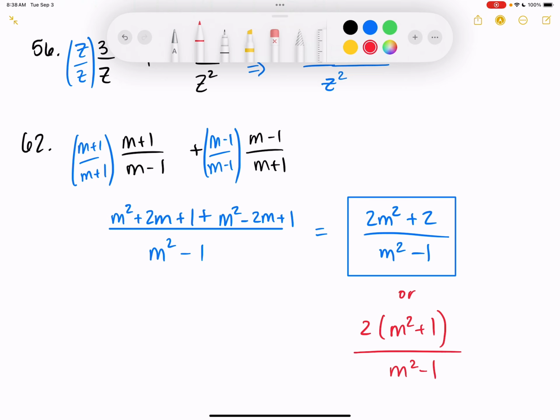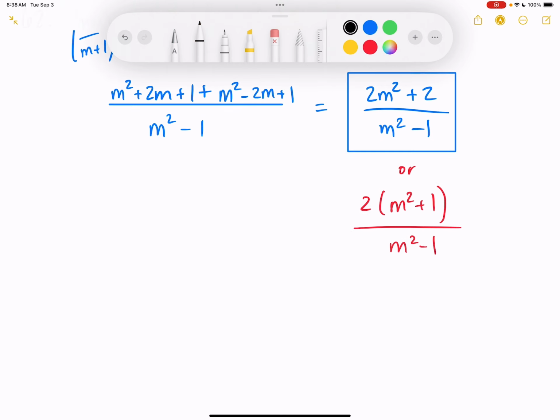So not super hard, but just tends to not be everyone's favorite. So we'll start with an easier one and work our way up a little bit. 72 on top, I've got 2 minus 2 over y all over 2 plus 2 over y.